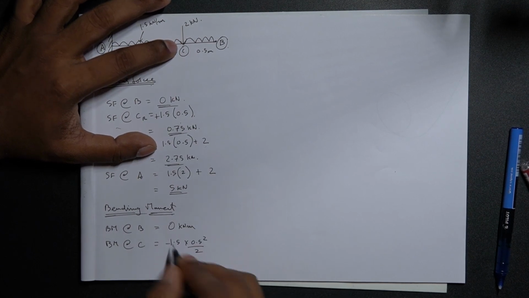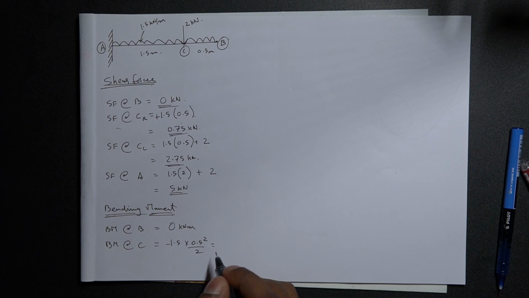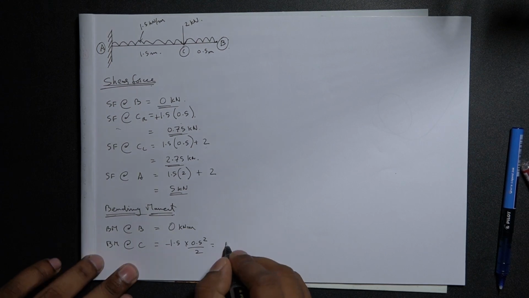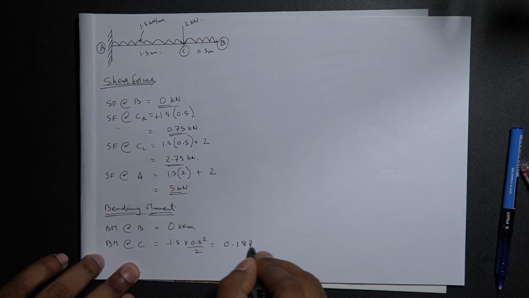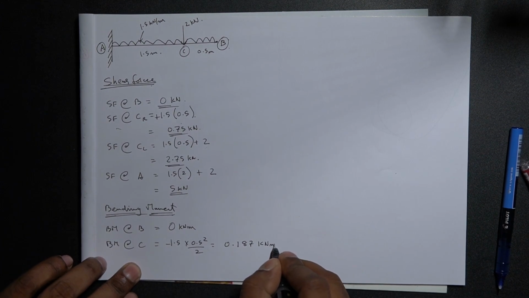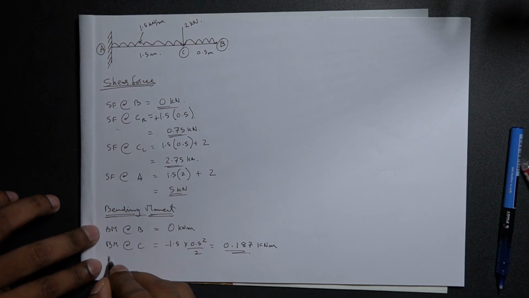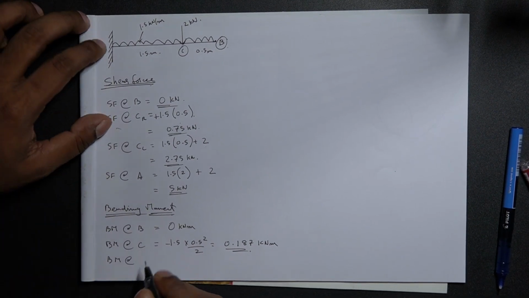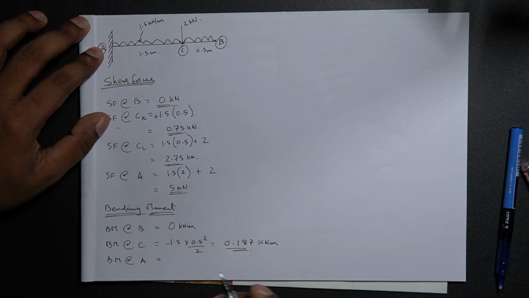And since everything is acting downwards, it's negative. So this would come to 0.187 kilonewton meter.